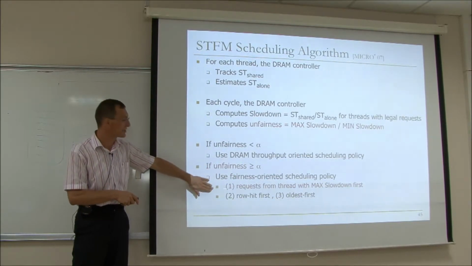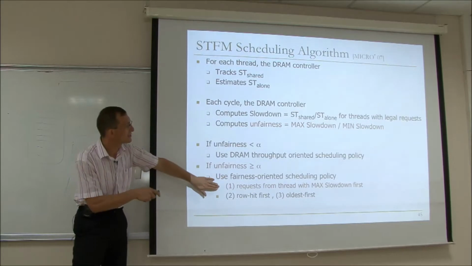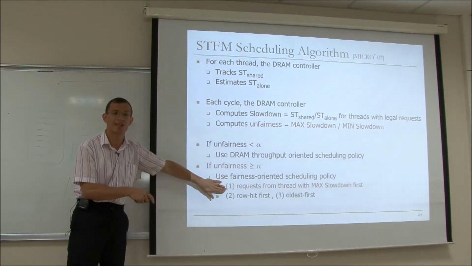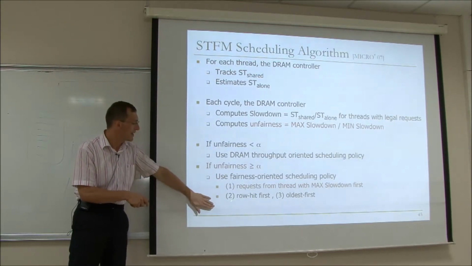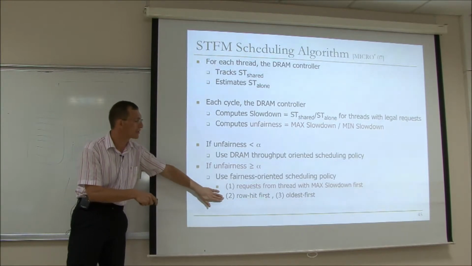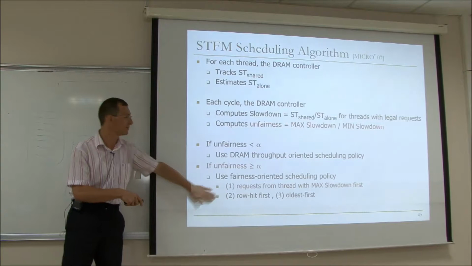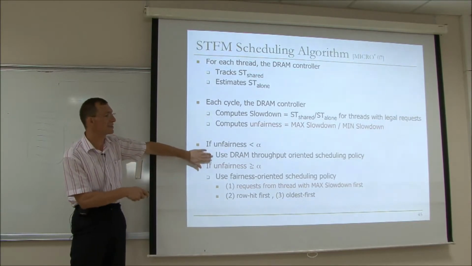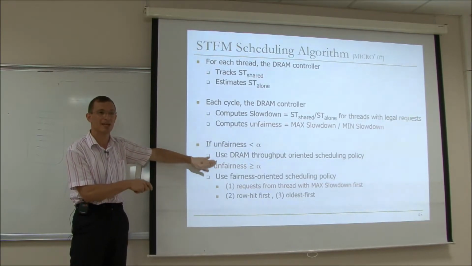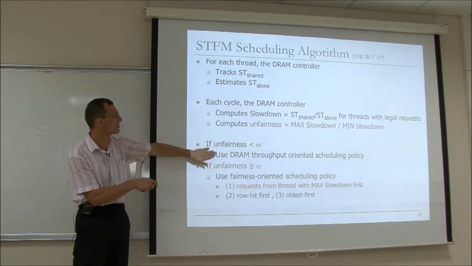Basically, the requests from the thread that has been slowed down the most are prioritized in this case. And all else being equal, row hit requests are prioritized over others, and oldest requests are prioritized over others. Basically, that's the idea. You switch between throughput-oriented and fairness-oriented scheduling policies depending on the value of the unfairness.